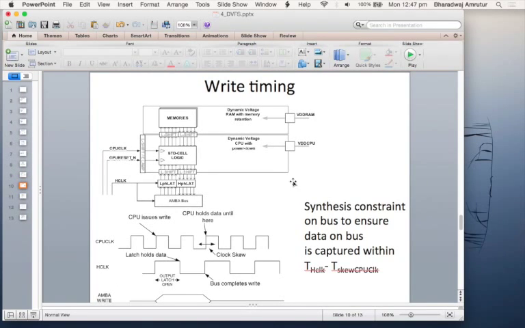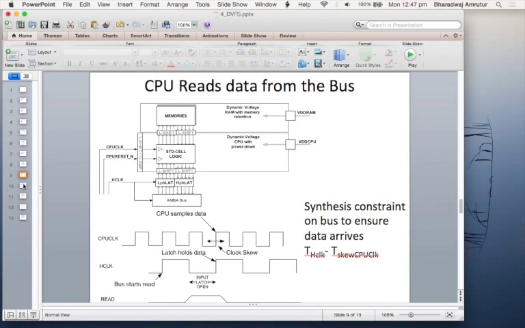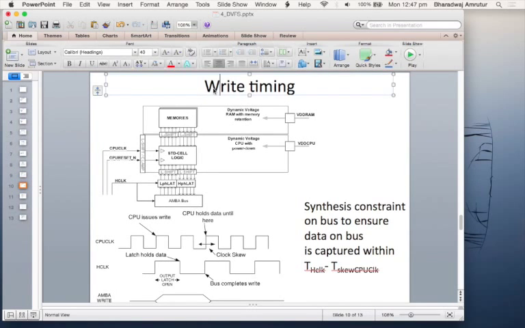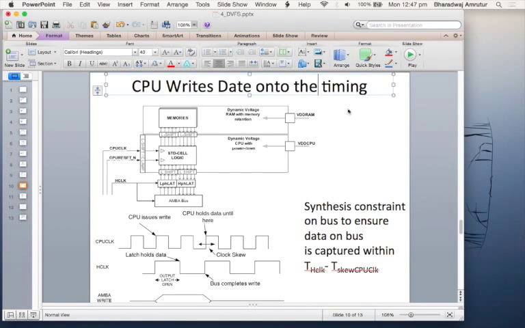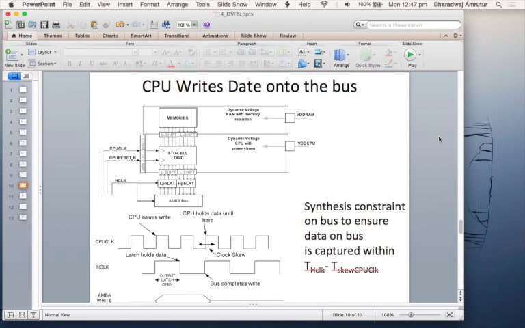So when the CPU writes data onto the bus, this one is CPU reads data from the bus, CPU writes data onto the bus. So here now what happens is that instead of low phase he has high phase.